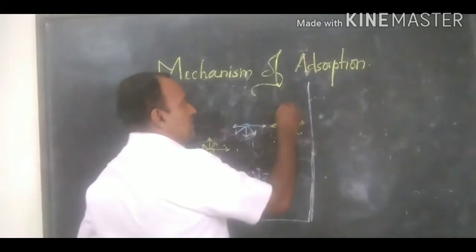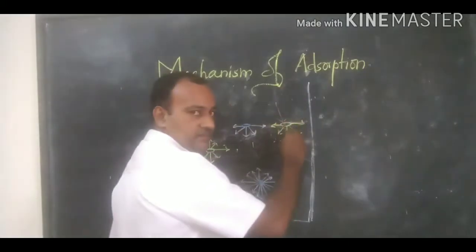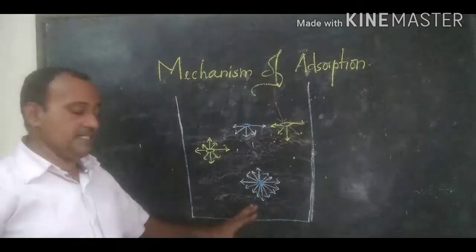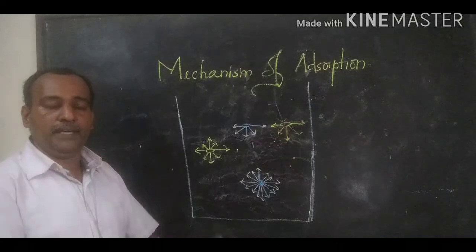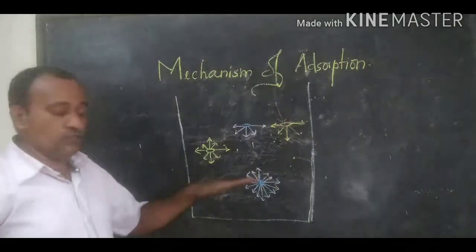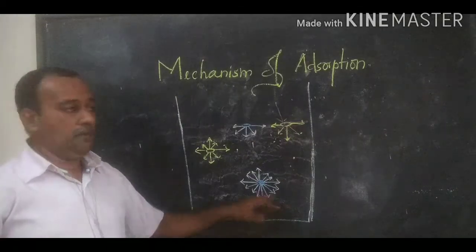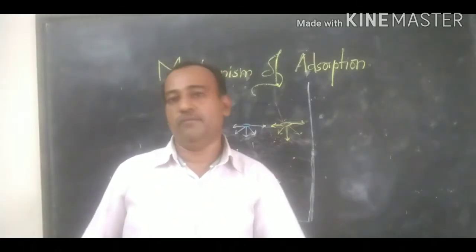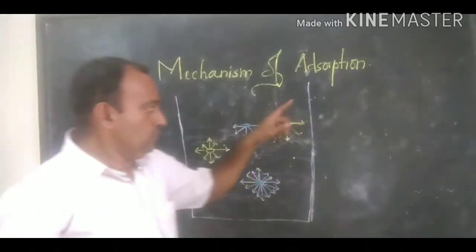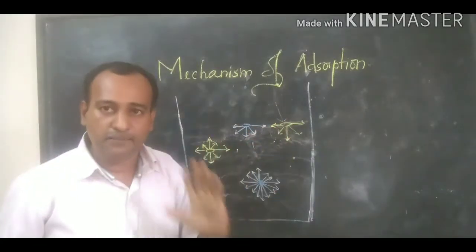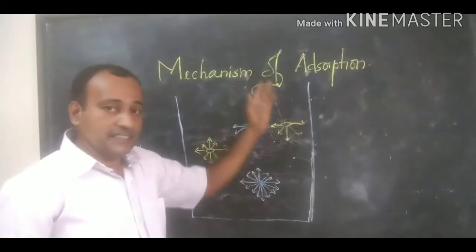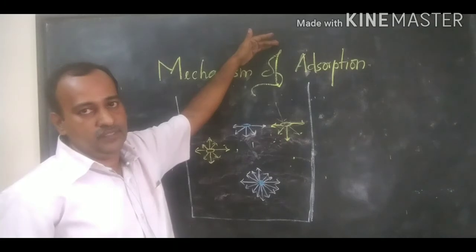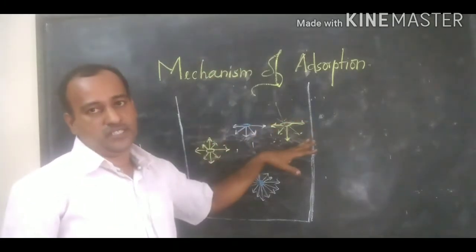Now listen here: the particle in the bulk of the phase is equally surrounded by the same type of particles, so there is no residual force. But the particle on the surface has some residual force. To balance that unbalanced force, it attracts particles from the medium. This is called adsorption.